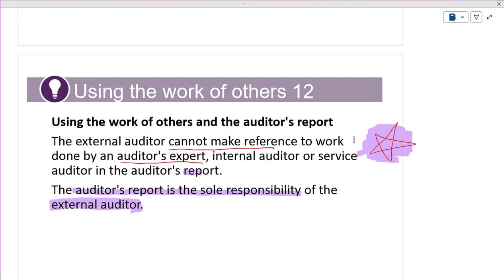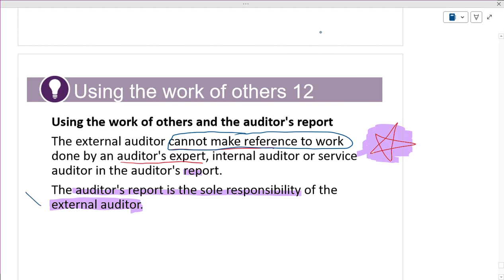You should not make any reference also to the work. Understand the point? Forget about anything else. You are hiring an internal auditor or an expert, and everything will be documented, but in the final report they should not have any mention of this.